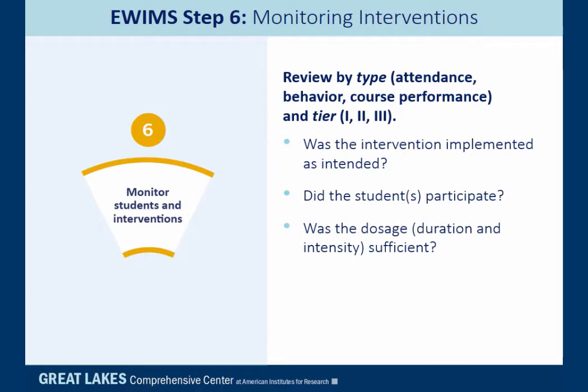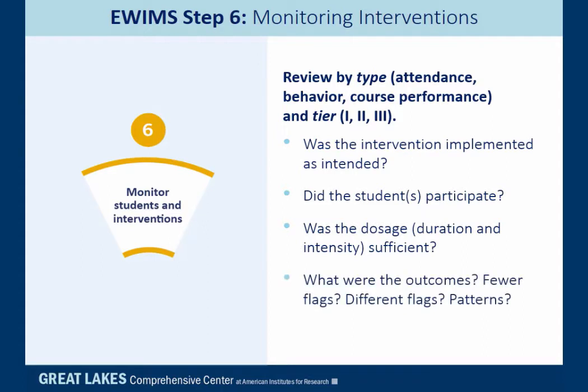If an intervention was implemented as planned, what was the outcome? How did students respond? Teams also track outcomes such as progress, fewer flags, changes, different flags, and patterns, similarities across groups of students who participate in an intervention.